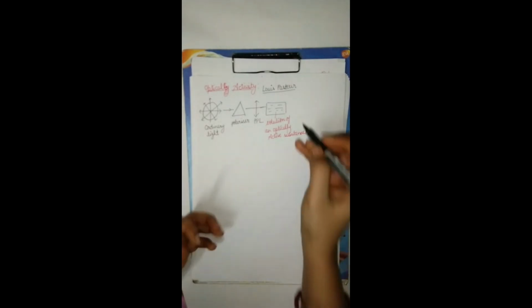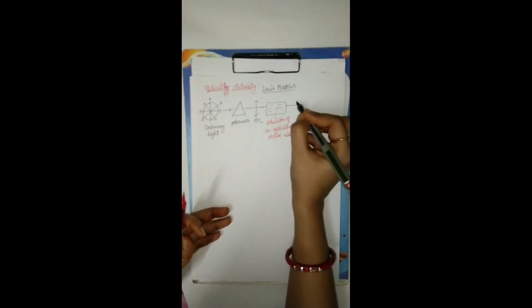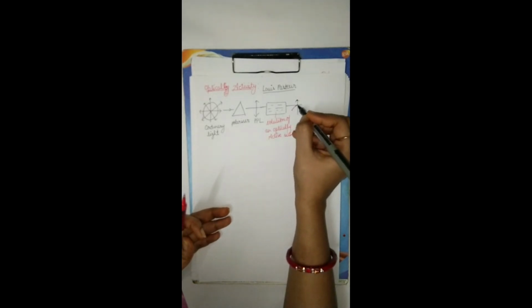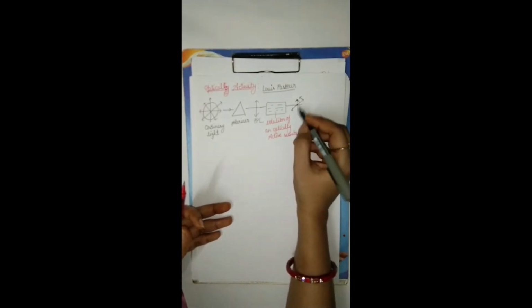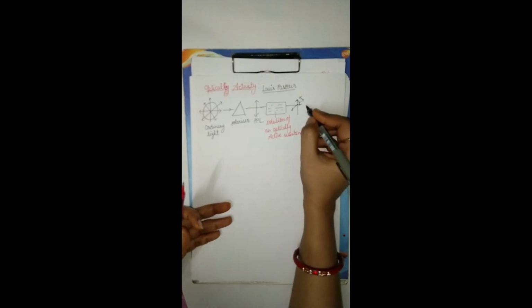Then you will get the angle of rotation, either in clockwise direction, which is called dextrorotatory.